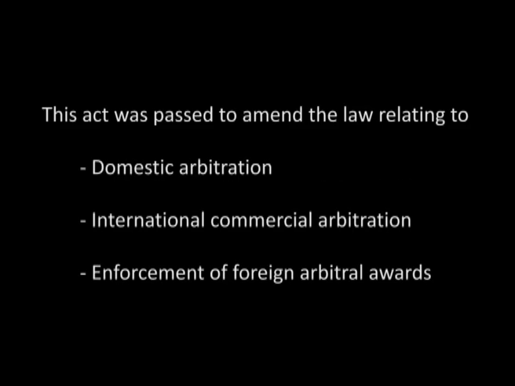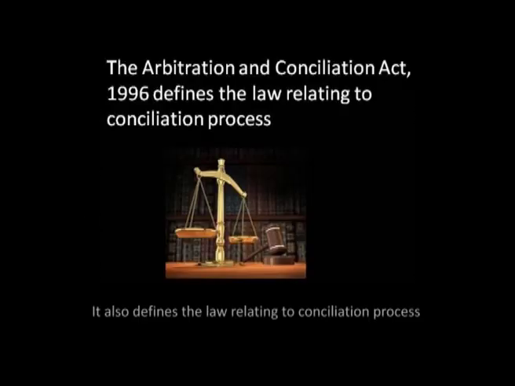This act was passed by the Parliament to consolidate and amend the law relating to domestic arbitration, international commercial arbitration, and enforcement of foreign arbitral awards. Further, it also defines the law relating to conciliation process.